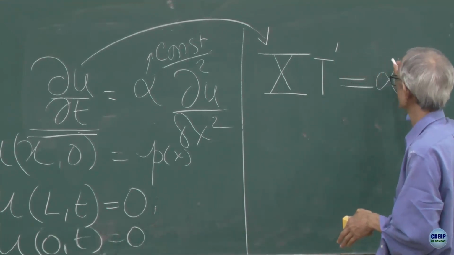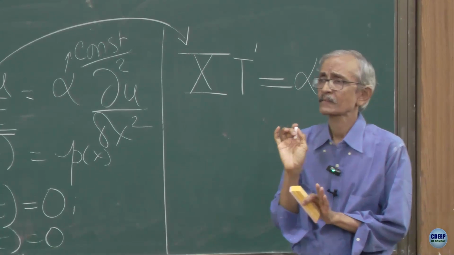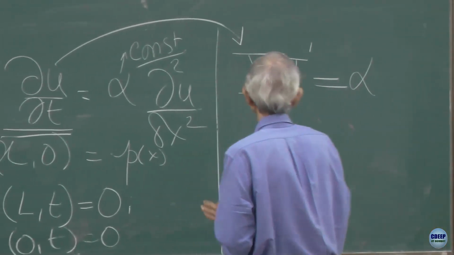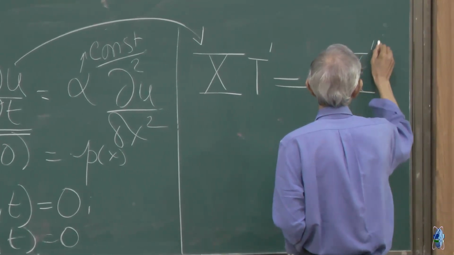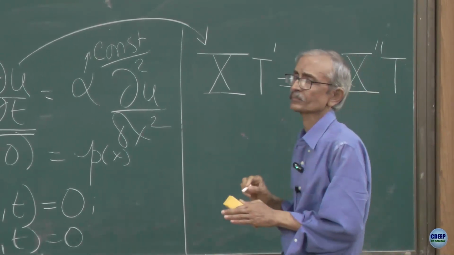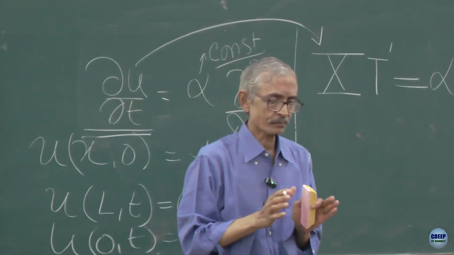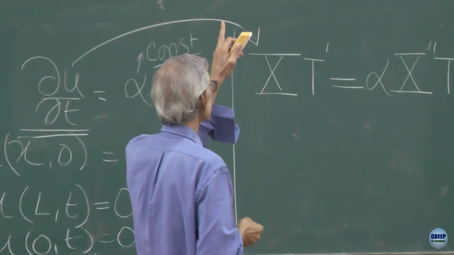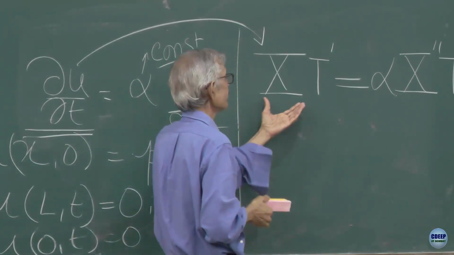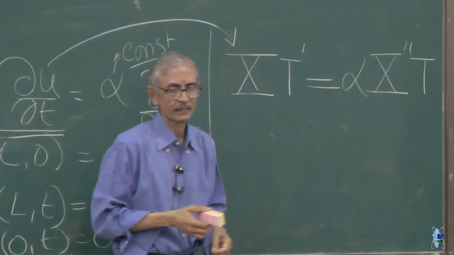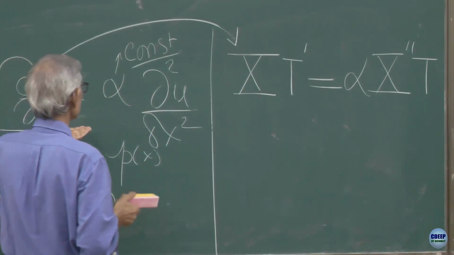So what is del square u del x square? X double dash times T. Okay. So all that we are doing is brute force putting the variable u equal to X times T, and then we are just opening this guy up by pushing it into the governing equation, which is here.